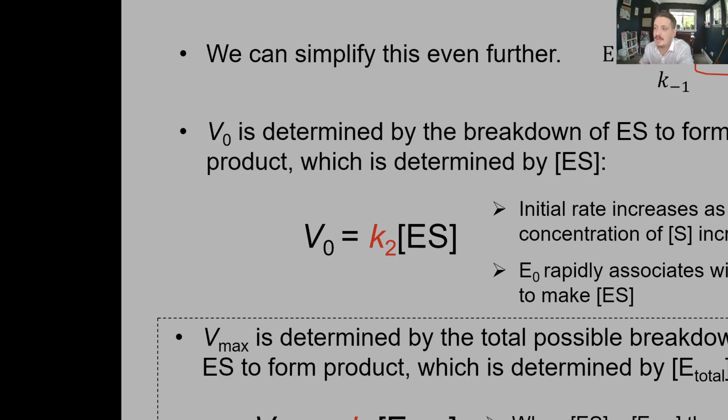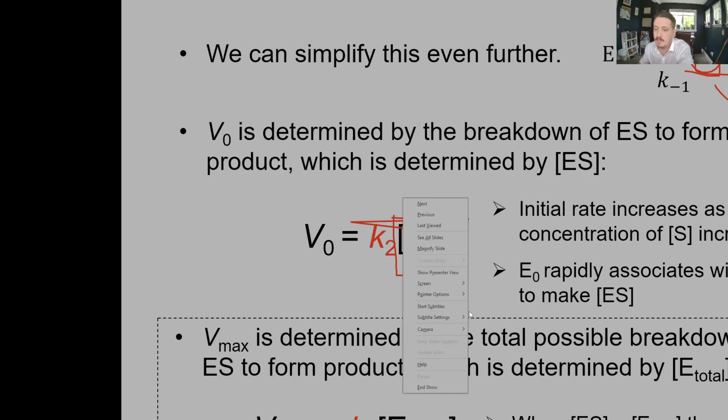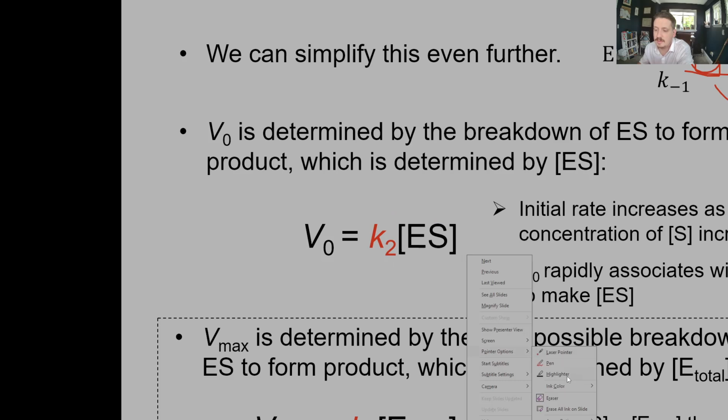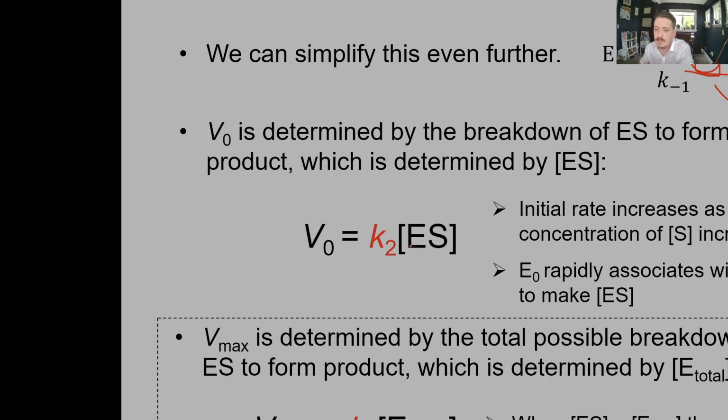So the rate at which this is turned into this, the velocity, is equal to however much of this you have, so the concentration of it, multiplied by whatever that K2 rate is.